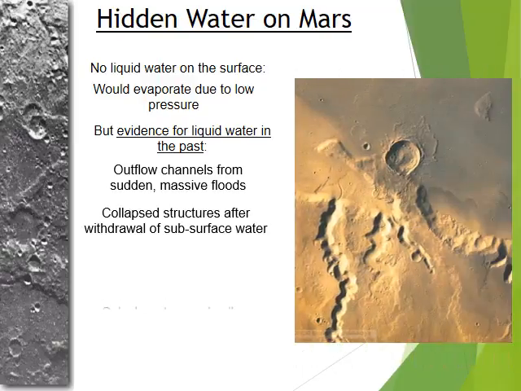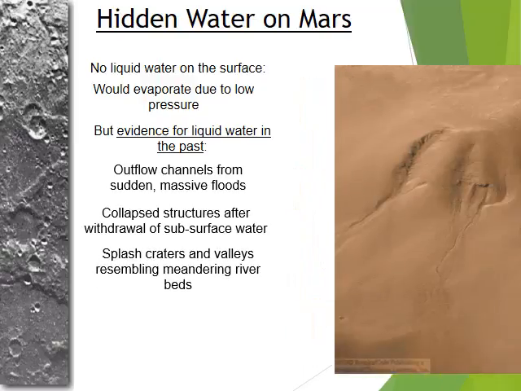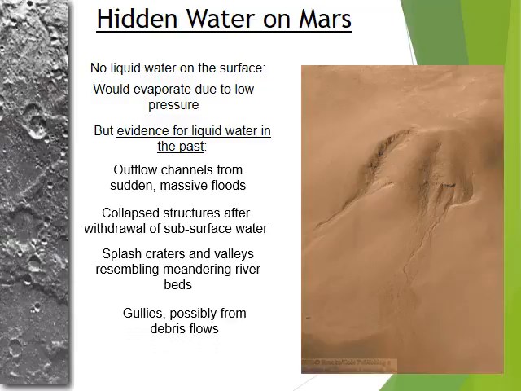There's channeling on the surface. There actually is solid water found in the ice caps of Mars, even though primarily the ice caps are carbon dioxide ice, or dry ice. But there is water ice as well locked up in the ice caps.